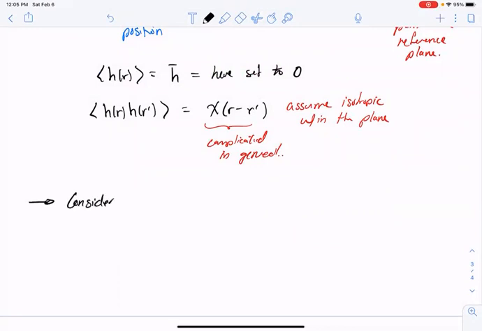And so what we will do is write down a way to approximate chi in a limit which is valid for considering only fluctuations or correlations on slightly larger scales.